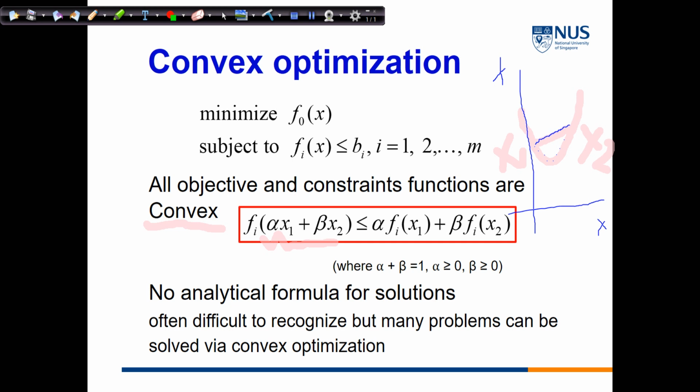What does this mean? Again, this is your y-axis. It gives you the function value of f.